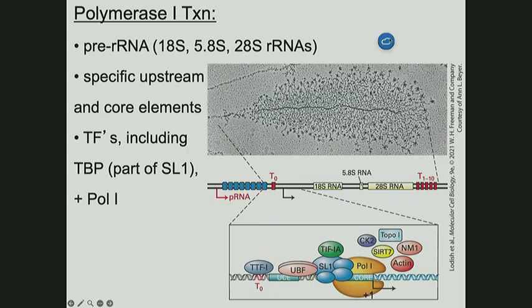It has core elements that are going to be recognized by RNA polymerase I, along with general transcription factors. One of these transcription factor components, SL1, actually includes a protein we've heard about before, TBP. Remember, TBP is TATA binding protein, needed for RNA polymerase II to recognize core promoter elements and transcribe. Turns out TBP is also needed for RNA polymerase I.